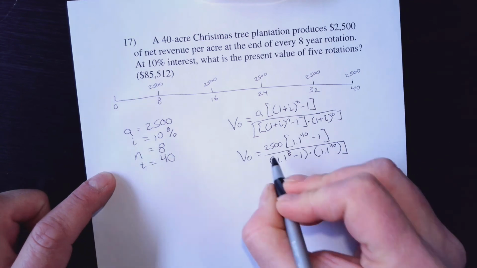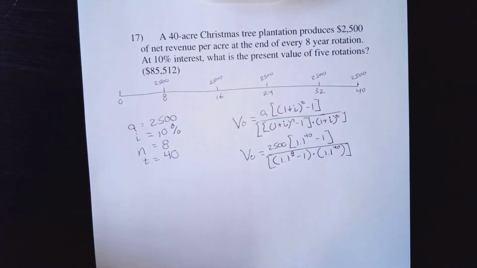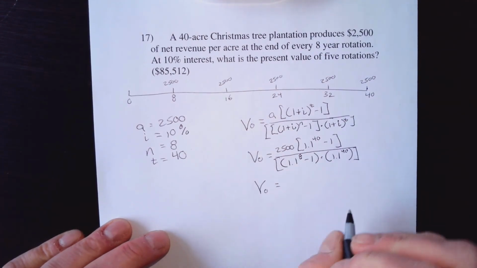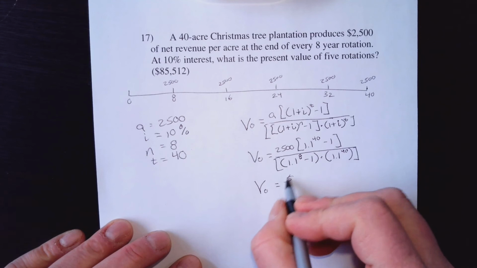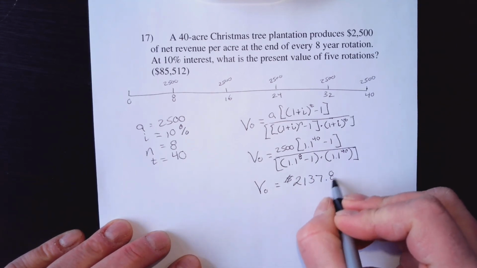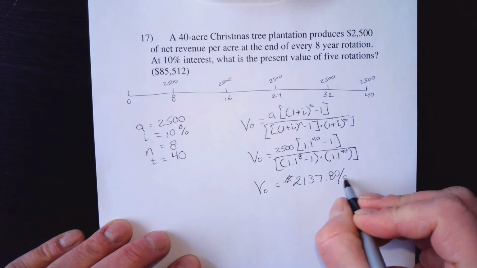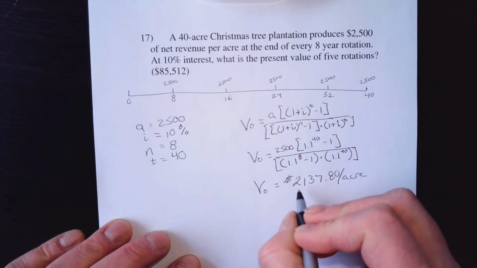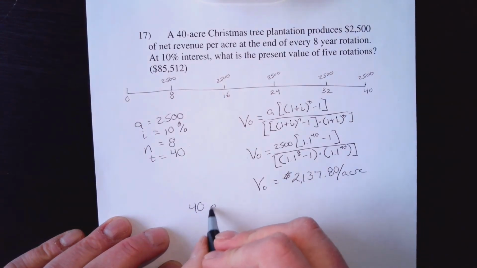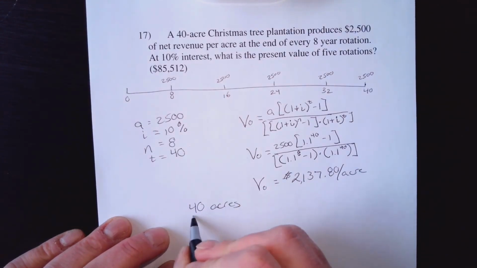And I can bracket that there again if I want. I need to make sure everything is done in the correct order. So what does that give me? That gives me a V0 that is equal to 2,137.80, but that is per acre.